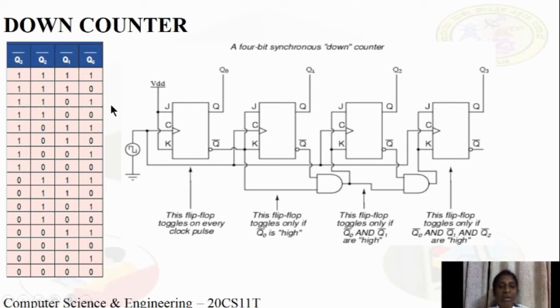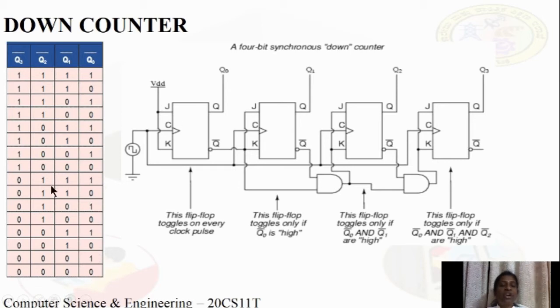So it is decrementing the contents by 1: 15, 14, 13, then 12, 11, 10, 9, 8, 7, 6, 5, 4, 3, 2, 1. If it reaches the last state, it should wrap back to the 0th state.